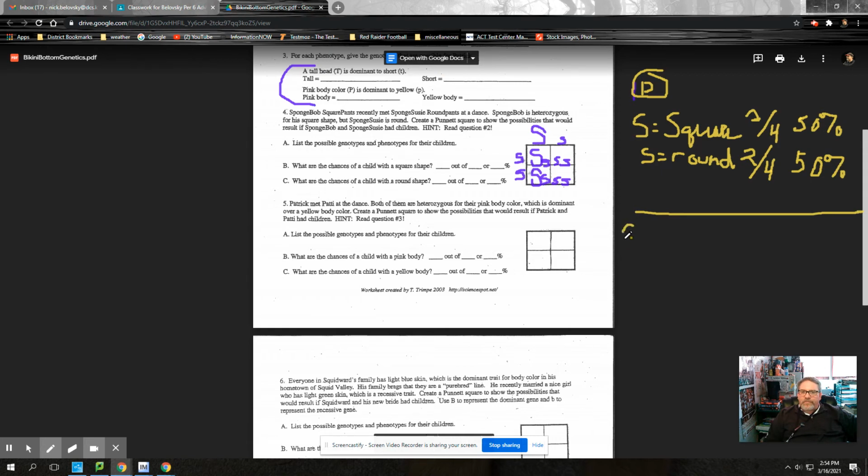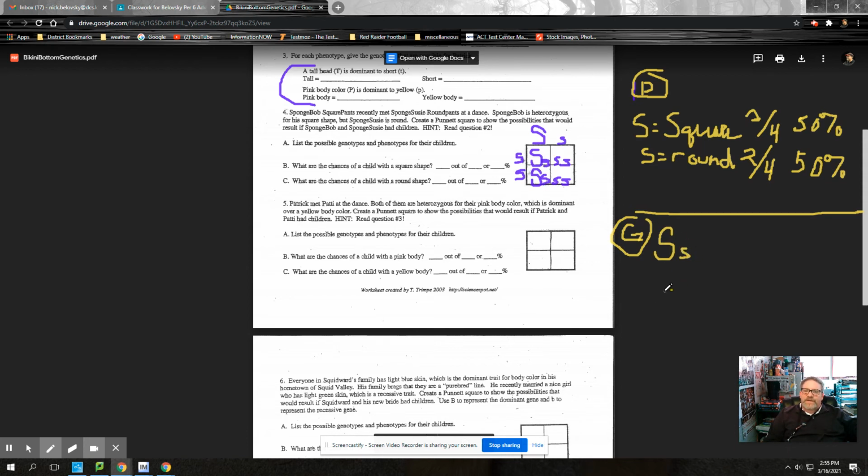Genotype. All right. So in order to figure out genotype, we got to figure out the allele combinations. What are the allele combinations? Well, when I look here, I see big S, little s. That would be these.